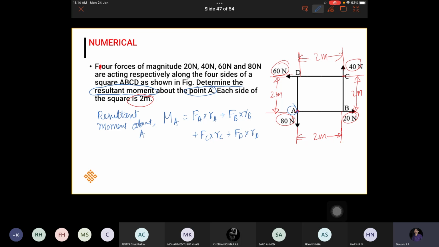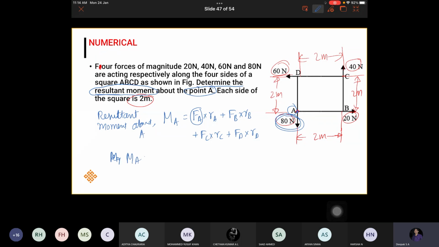Okay, first we'll discuss MA. What is the FA value? FA means force, 80 Newton. Very good. Force at point A, that is 80 Newton.